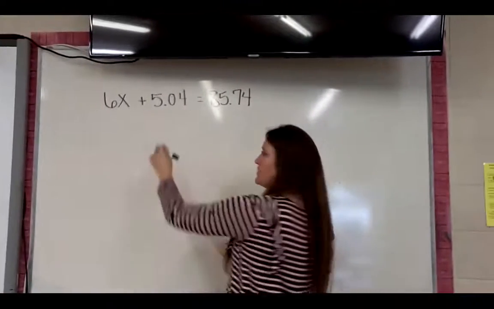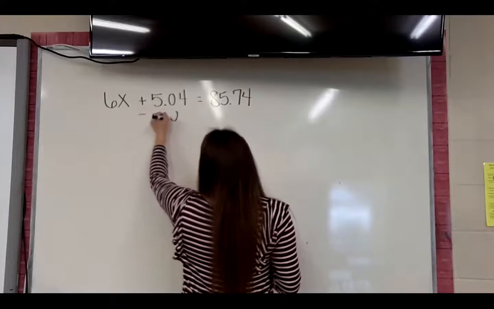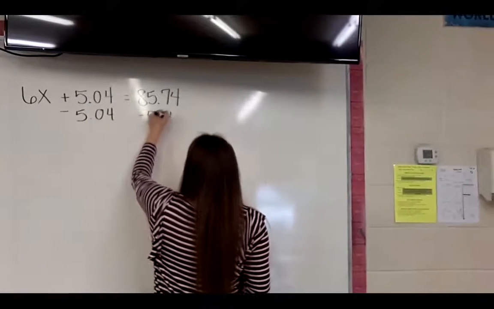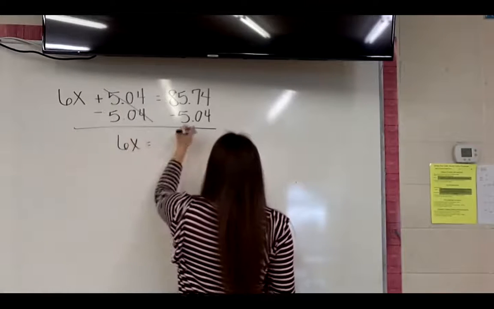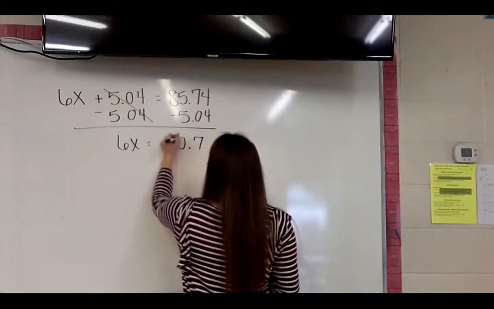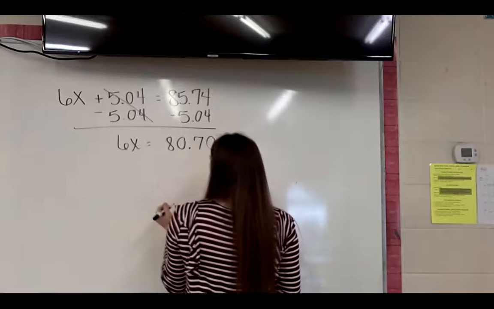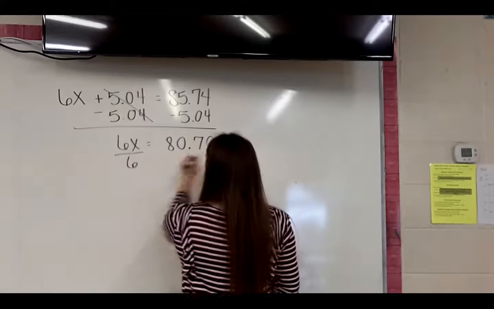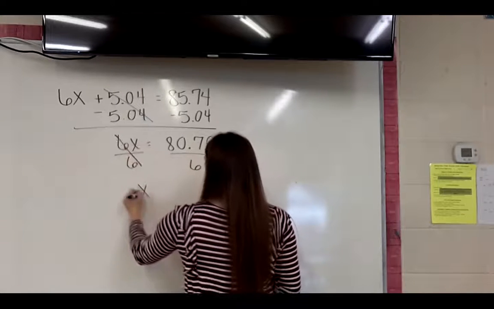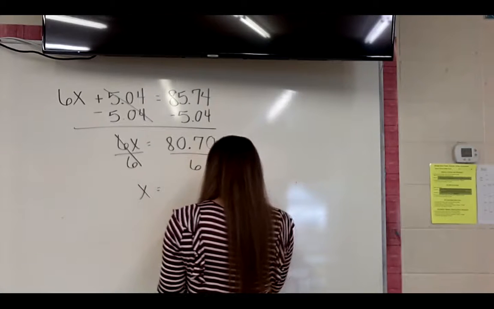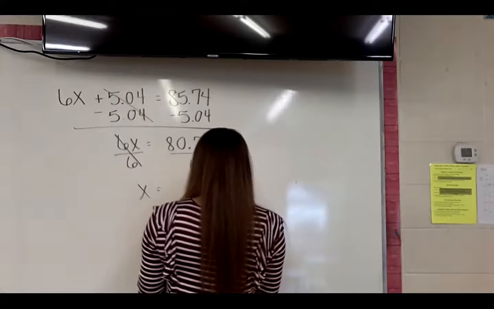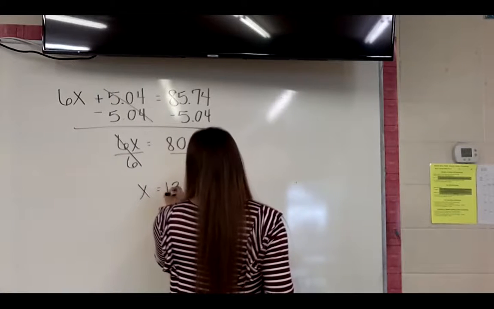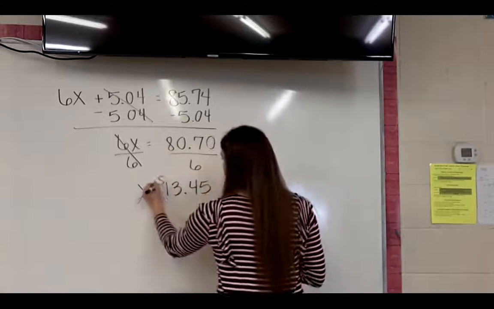So now we solve. We subtract the $5.04. So $80.70. And now we divide both sides by 6. So 80.70 divided by 6, $13.45 is how much each DVD costs.